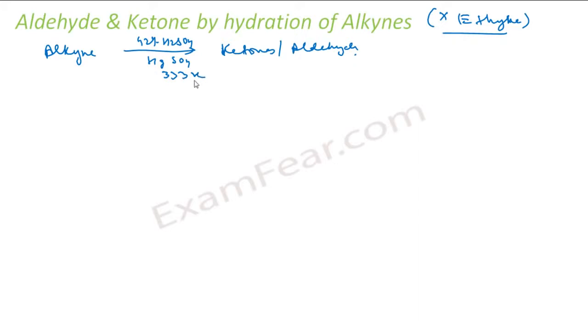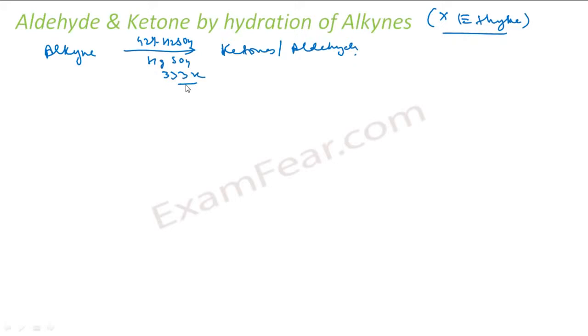So I'll just write alkynes: when you pass through 42% H2SO4 in presence of HgSO4, you get ketones or aldehyde. And the temperature has to be 333 Kelvin.